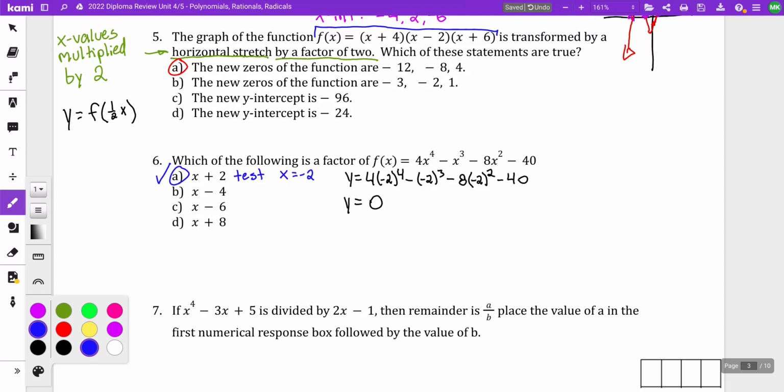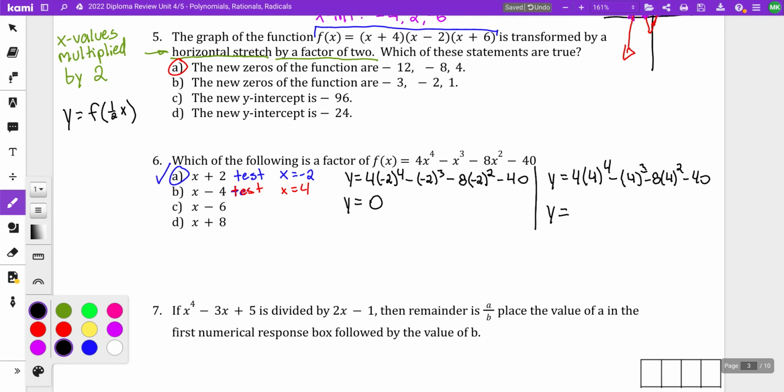If you want to see one that doesn't work, let's try testing x equals 4. So go to your equation, change x to be 4. You throw that x value in.